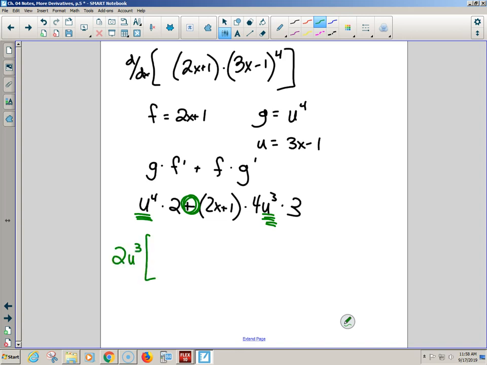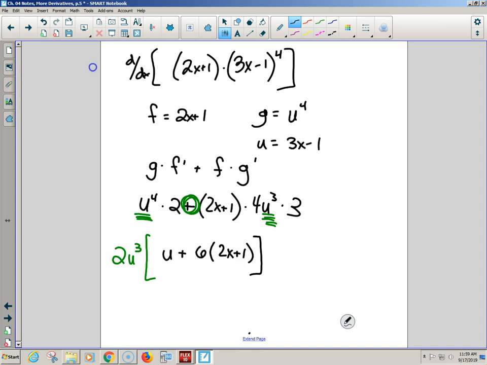What's left? u plus 2, 6, right? 6 times 2x plus 1. Got that? We took away u cubed and the 2, and then we took away 2, so that's 2 times 3 is 6, and that's gone, and 2x plus 1 remains.